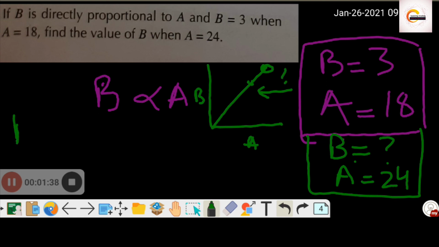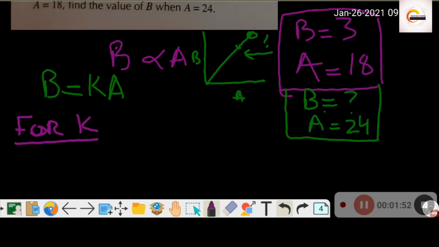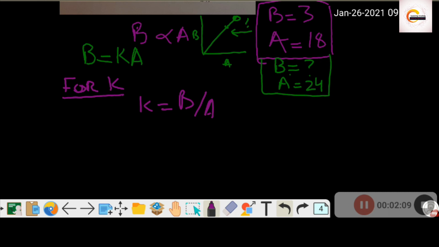So from the straight line, I know I have the formula B is equal to KA. It's a straight line, so on all the points of the straight line, K will be constant. For K, B upon A, putting the values, K is 1 upon 6.